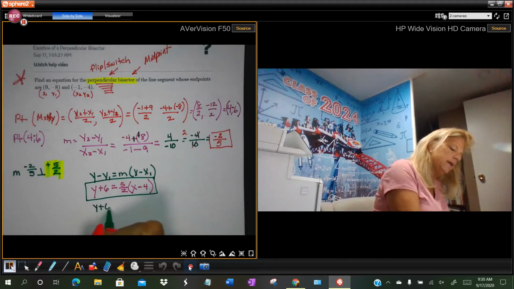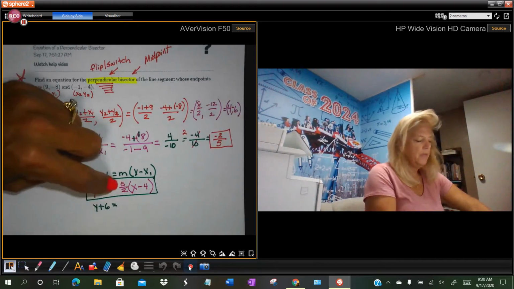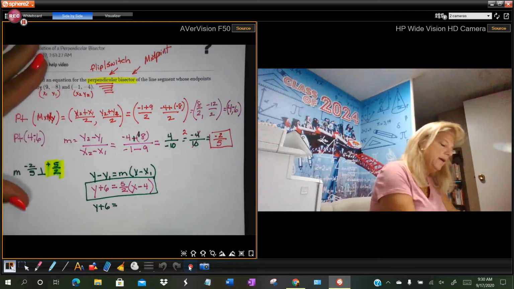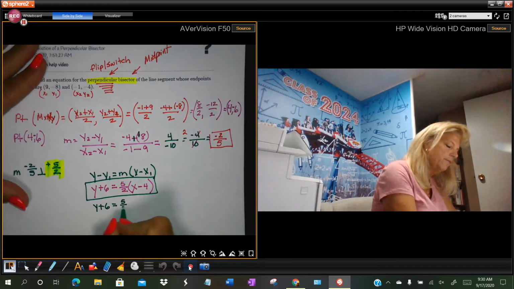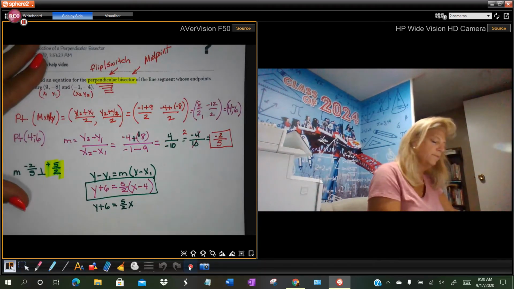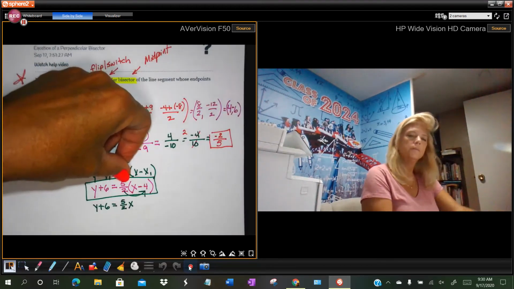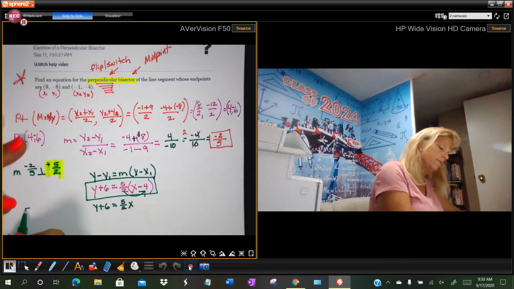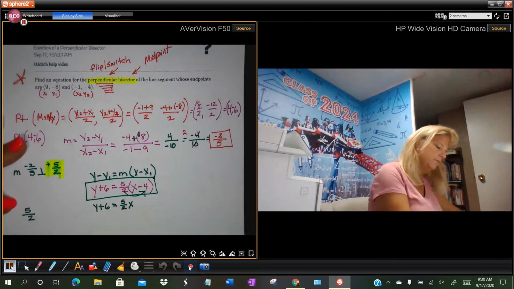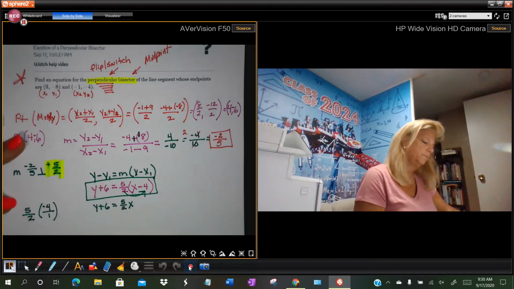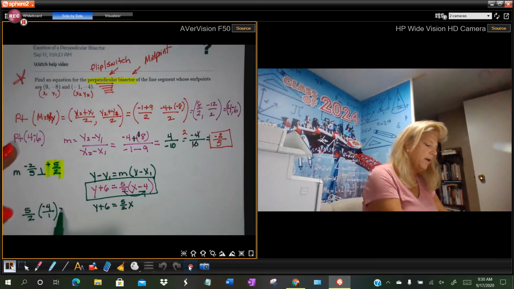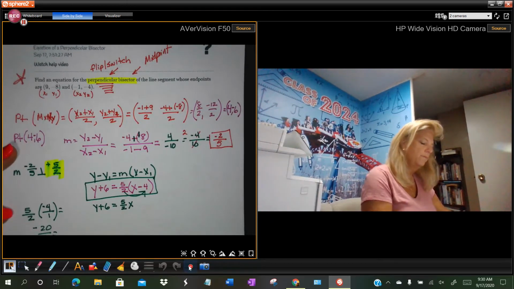y plus 6 equals 5/2 times x, which is 5/2 x, and 5/2 times -4/1. That simply becomes -20/2 or -10.